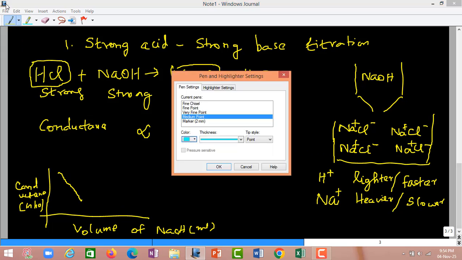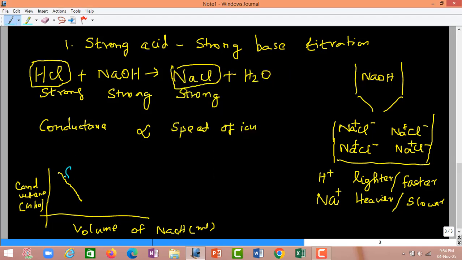What you find here is that the faster ion, fast H plus, is replaced by slower Na plus, and so the conductance decreases. We don't find any more HCl in the beaker.